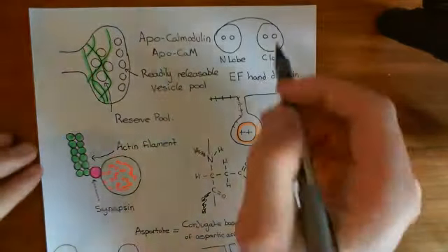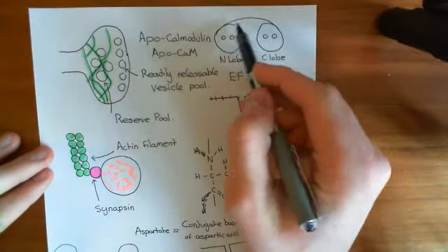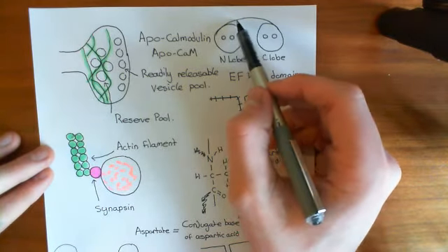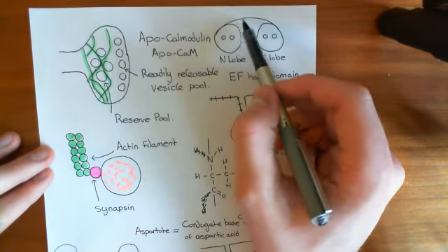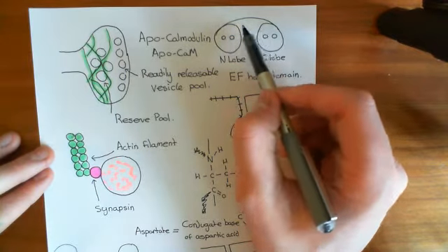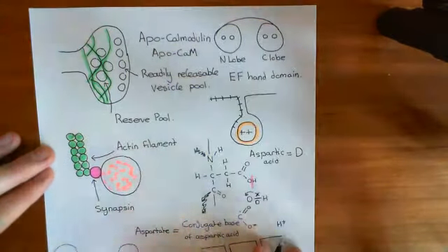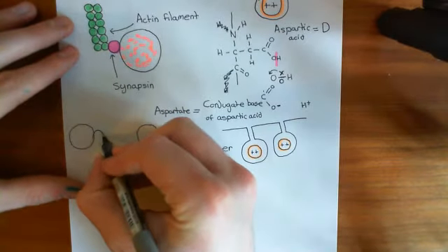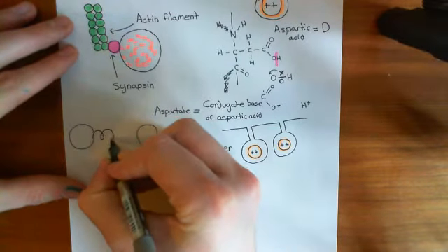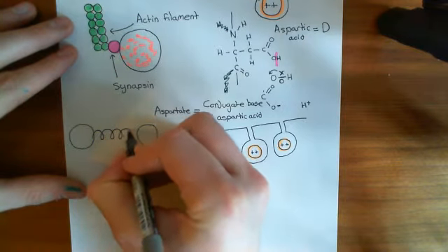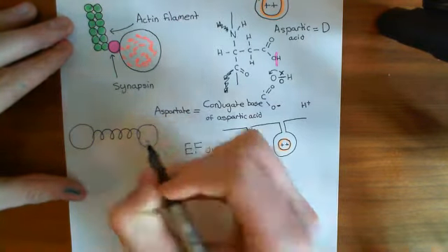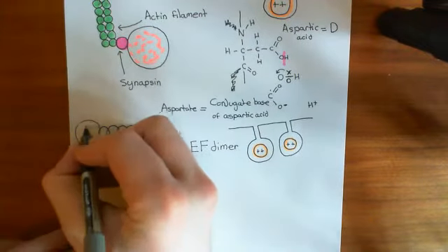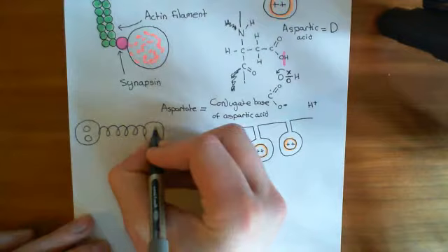Okay, and also this linker between the 2 lobes, this was initially a linear polypeptide. It was amino acid followed by an amino acid, but it was a straight line of amino acids polymerized together. It's going to adopt a different structure now. It's going to adopt a secondary protein structure, which is an alpha helical structure, like so. Okay, so what you're going to get is these 2 lobes, now both with calcium bound to them.